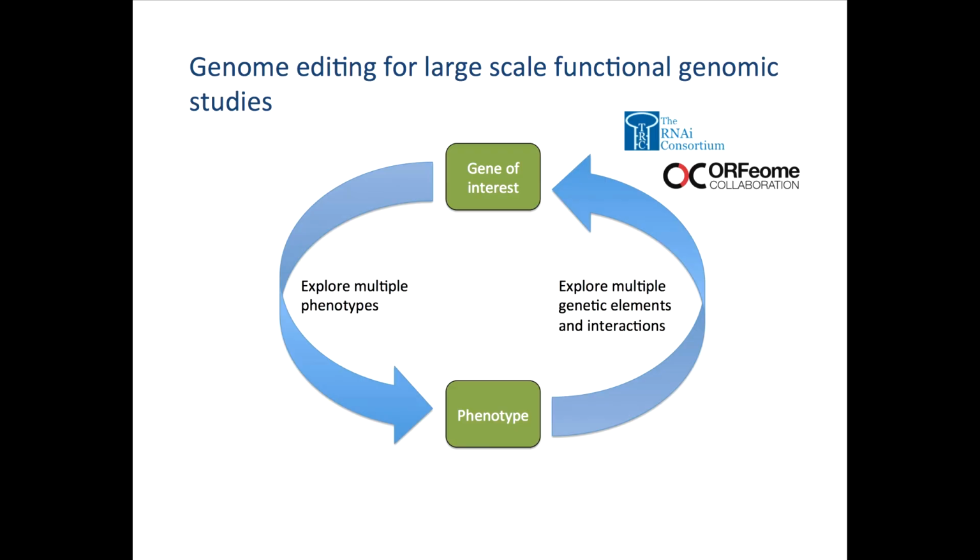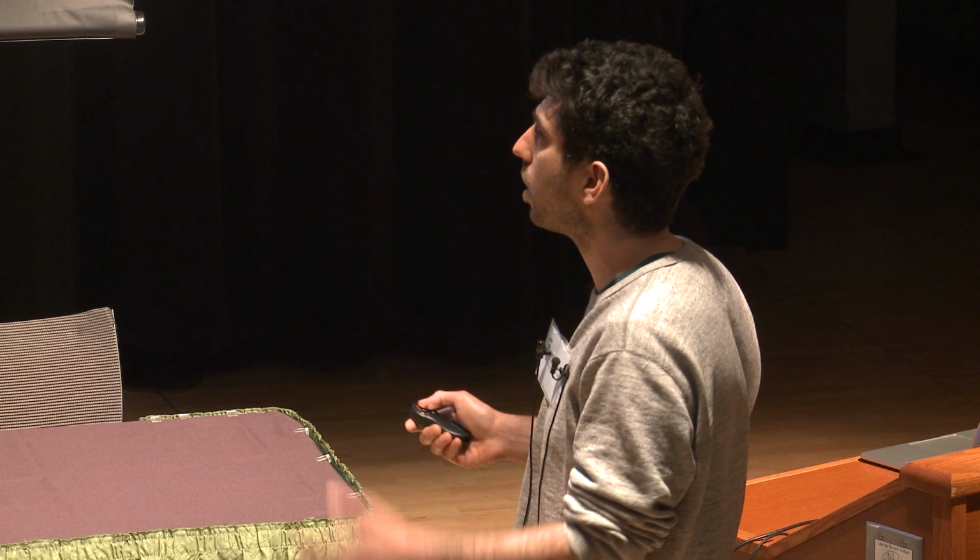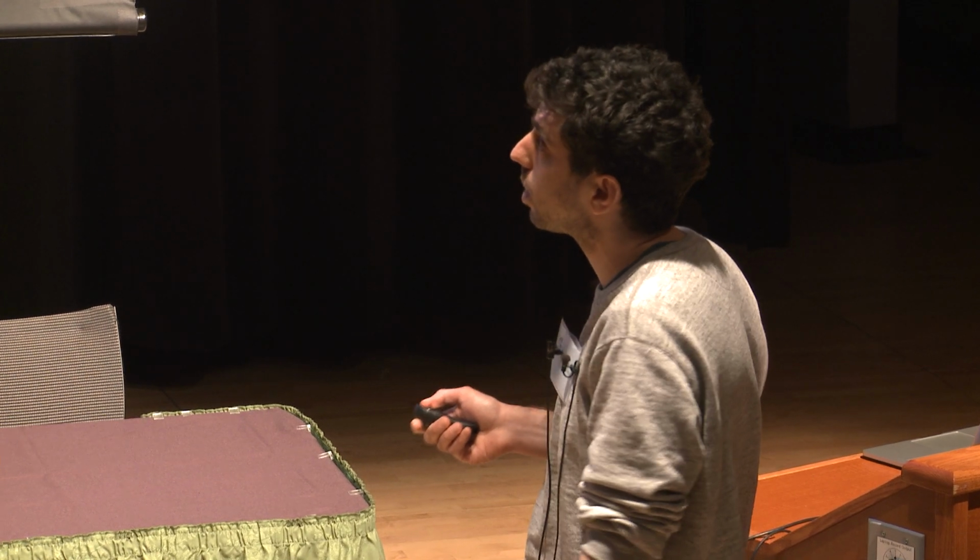When we usually think about genome editing, the first thing that comes to mind is that I have some genetic element of interest and I would like to perturb it in cells and then explore multiple phenotypes: growth, transcription, any phenotype that you're using, and see what it does.